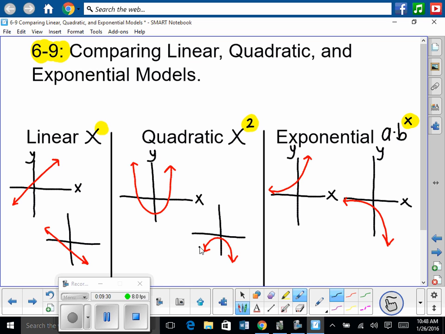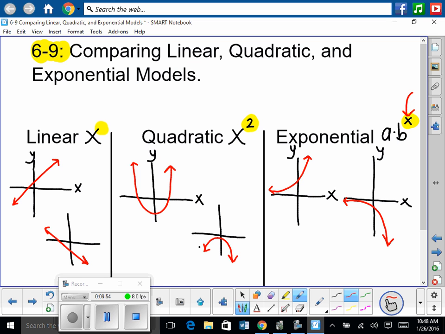You guys should have become experts in exponential stuff in Secondary 1. Exponentials have the form a times b raised to the x. Fun thing to notice about an exponential: the x is in the exponent. Do you see how here our x is not our exponent? Here our x is not our exponent. But look, in an exponential function, the x is the exponent. Does everybody see that? Okay.